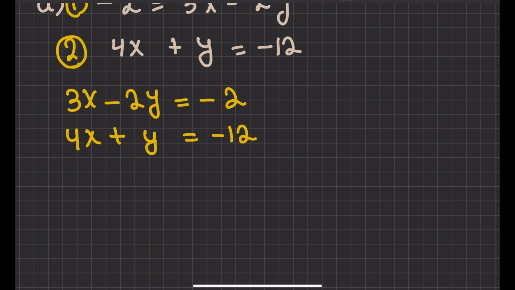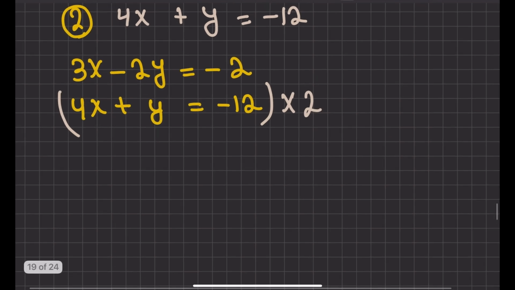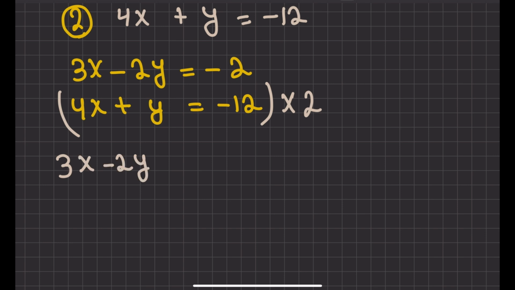For that, I'm going to multiply this whole thing by positive 2. So I'm going to write down 3x minus 2y equals negative 2. And when you multiply it by 2, this multiplication applies to all of them.